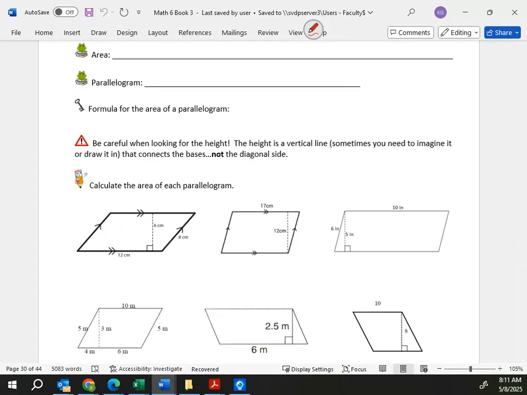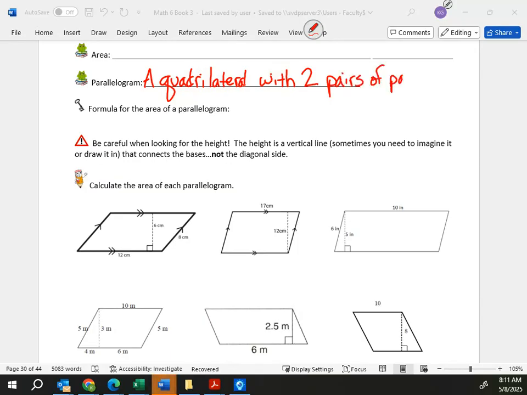The parallelogram is a quadrilateral, so we know it's 4-sided, with 2 pairs of parallel lines.